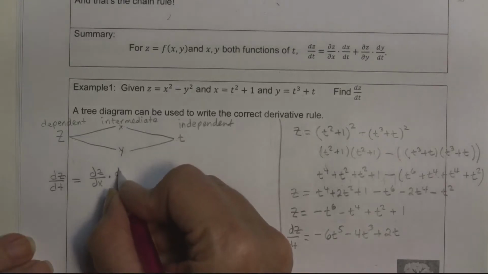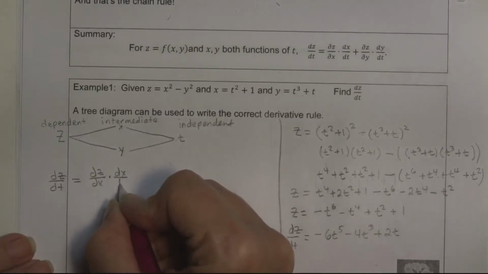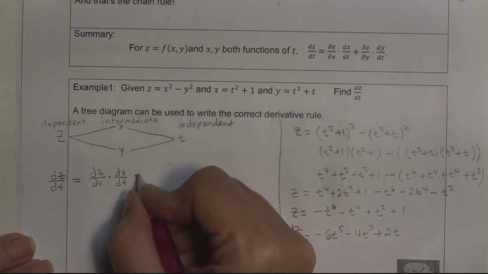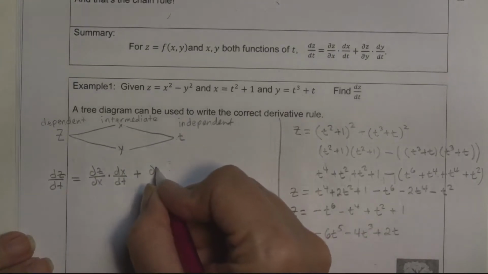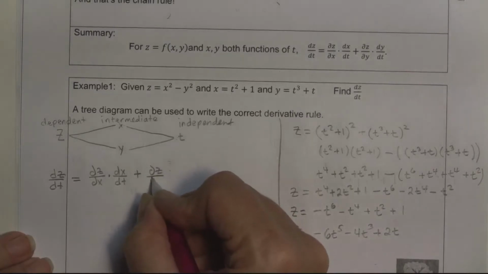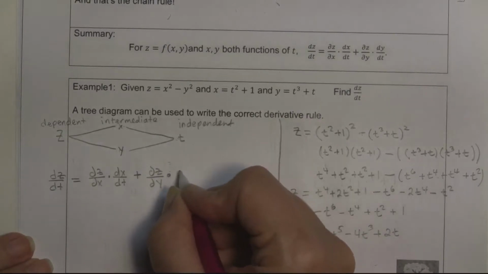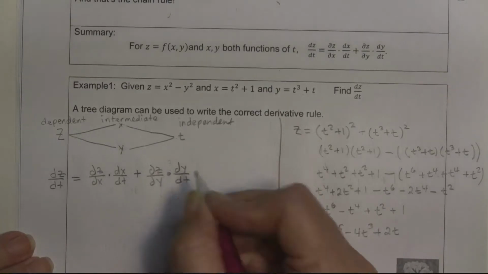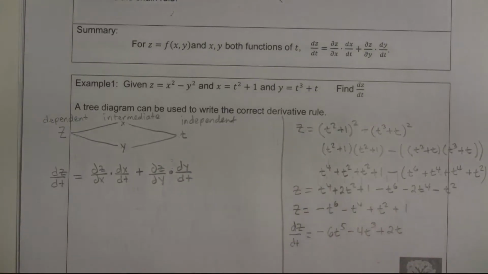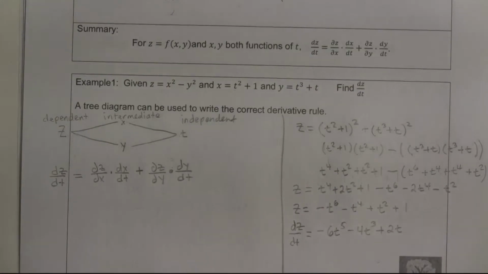And then plus, we could have gone through y, so that's a partial with respect to y, times, and this is not a partial, dy dt. And then we're going to go pick up what each of these is equal to.